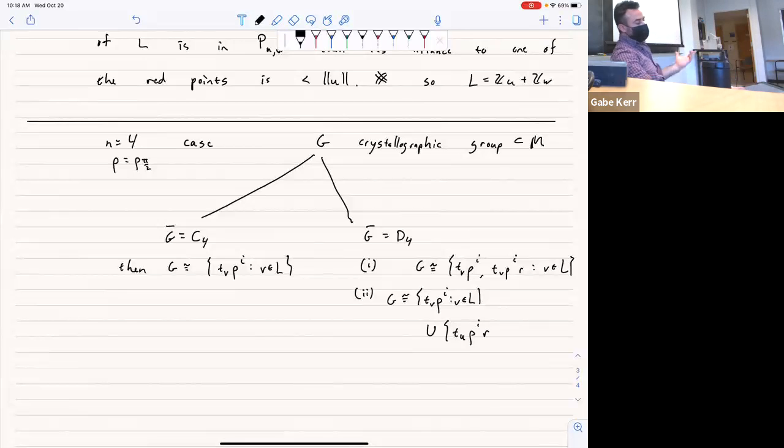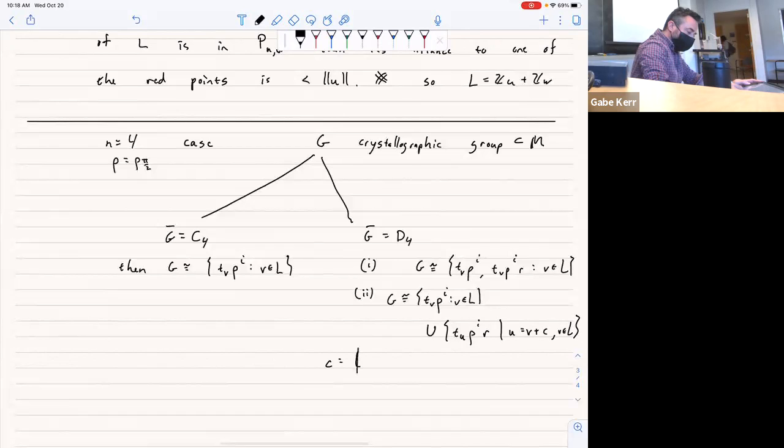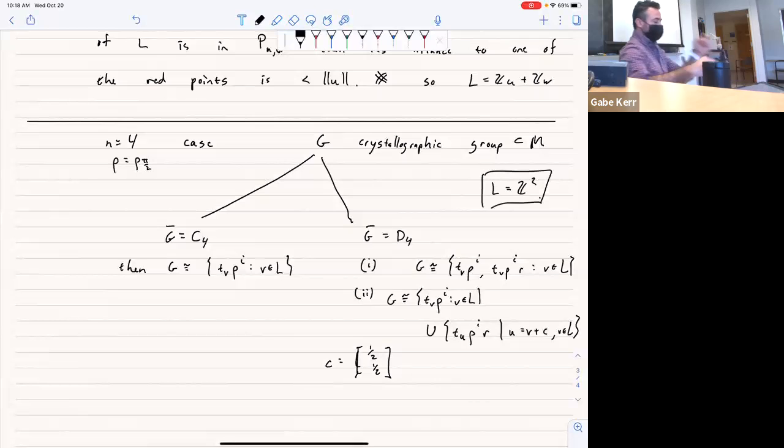Now u is no longer in L. u is rather equal to b plus c, where b is in L. And what is c? c is equal to the vector (1/2, 1/2). L is our standard lattice, Z squared.